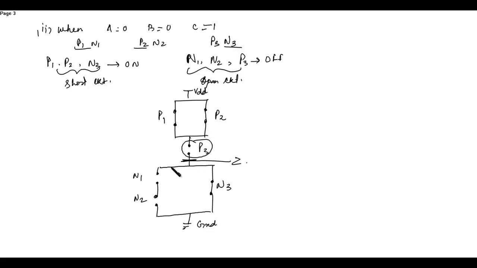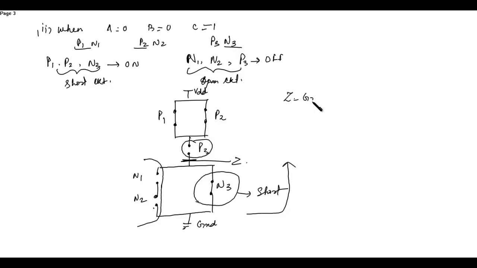Now N1 and N2 are open circuited, but N3 is short circuited. And this is a parallel connection. So even if this is open or short, this will not affect since N3 is short circuited. So the low voltage is obtained at the output.